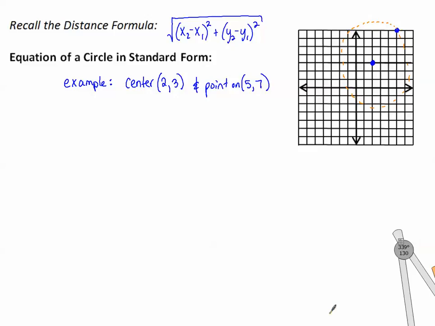So if the circle is all about the distance from the center to any of the points on the circle, this is a really important length to find out, that distance right there. Well, remember how that distance is defined, that's called the radius, or r.